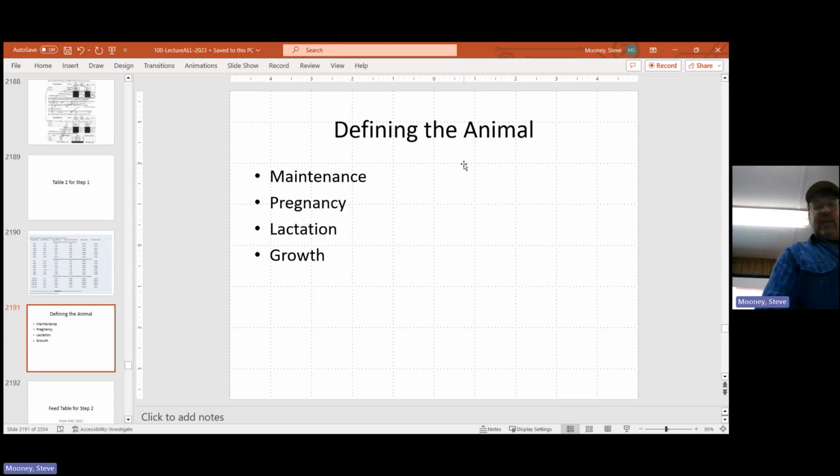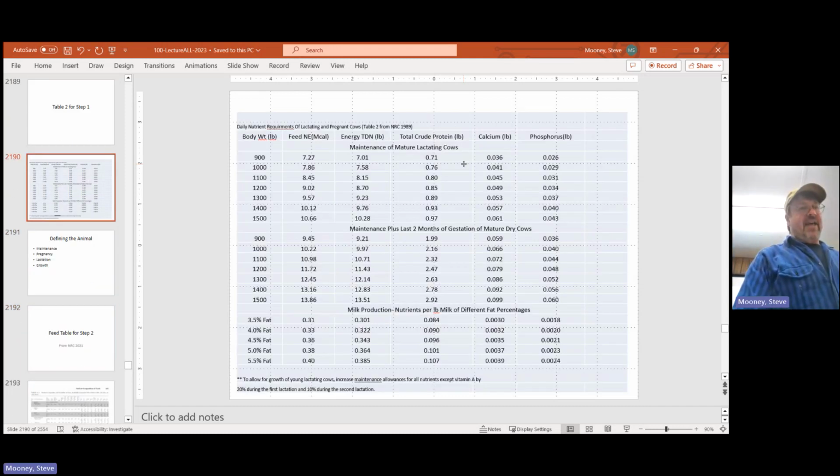So if I look back on this table too, where are my maintenance requirements? This whole section right here. Where are my pregnancy requirements? Second section is maintenance plus pregnancy.